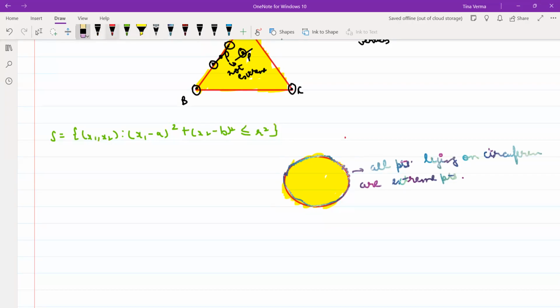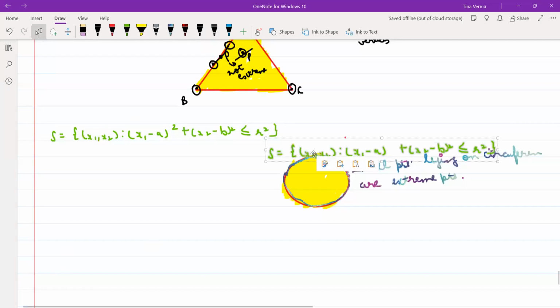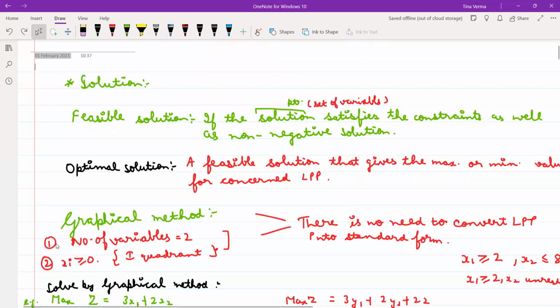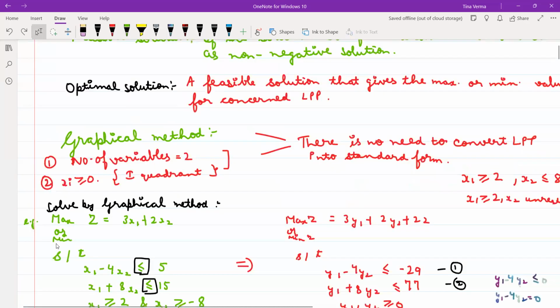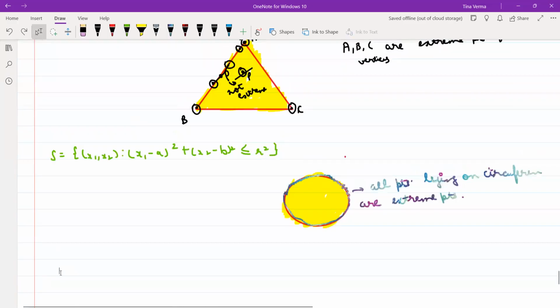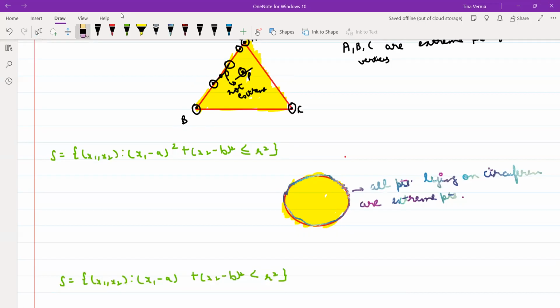The same region if I consider, if I exclude this sign less than r square, so can you tell me what will be my extreme points?